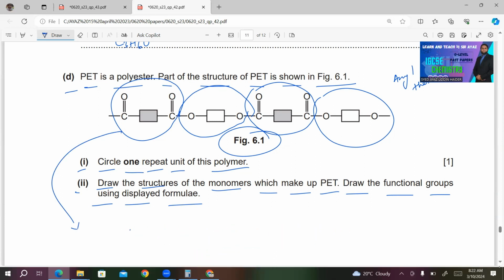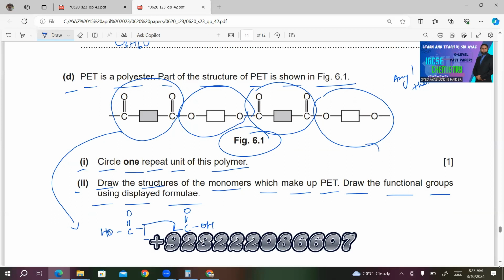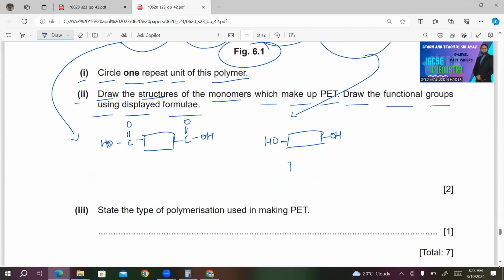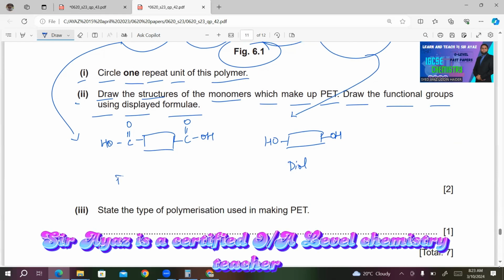So we get C double bond O, C double bond O, and simply attach OH. This will be one functional group. What about the second functional group? This one is repeated after this one, so we'll get HO bond. So we have a diol and a dicarboxylic acid.